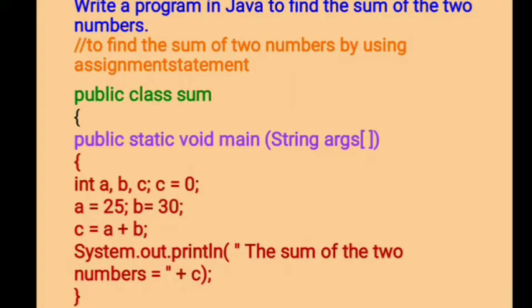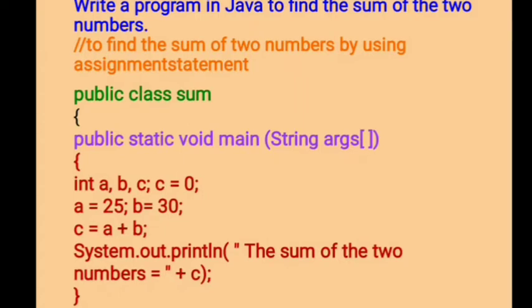Now we have to display the result. So we have to use this command System.out.println the sum of two numbers is equal to plus c. So when you run the program, the output will be 55.